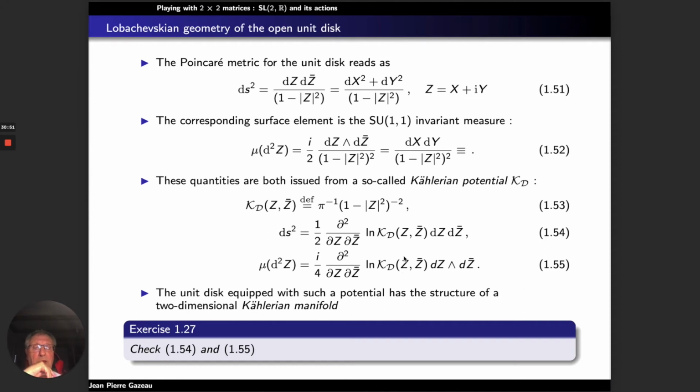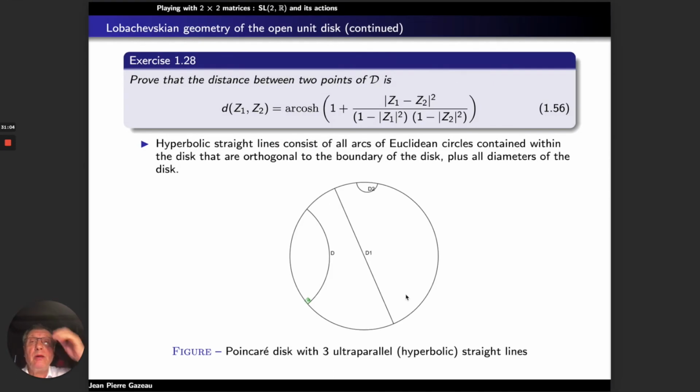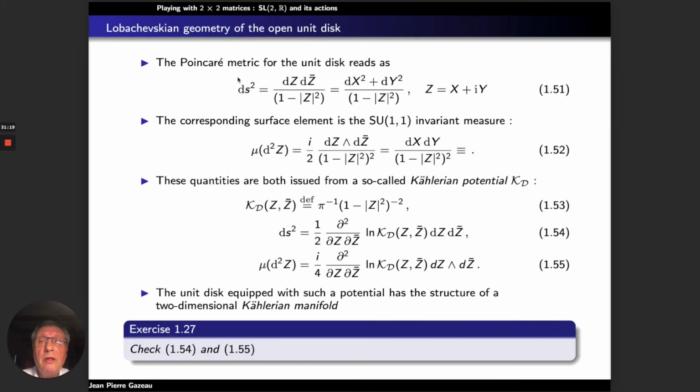Yes, I think there is. I have to correct that because there is a mistake here. So now, prove that the distance for this geometry, Lobachevskian geometry, on the unidisk is given by this expression, starting from the Poincaré metric, which is defined here.